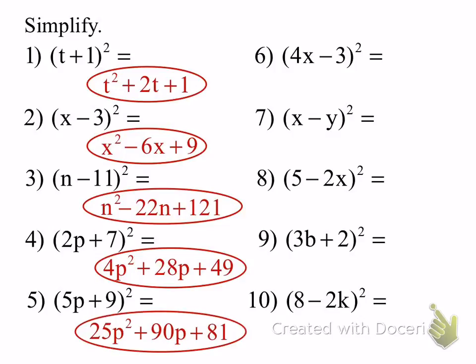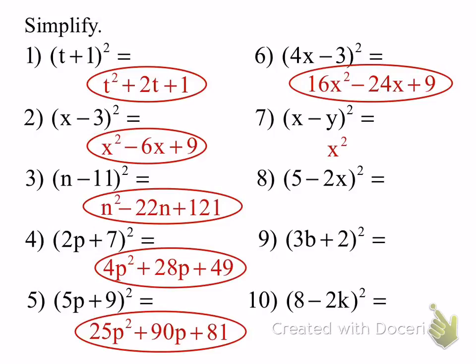Okay, number 6, please. Colin Ellman. I got 16x squared minus 24x plus 9. Perfect. Good. Next one, Julian Willoughby. x squared minus 2xy minus y squared. Pretty much the same as the formula, right?